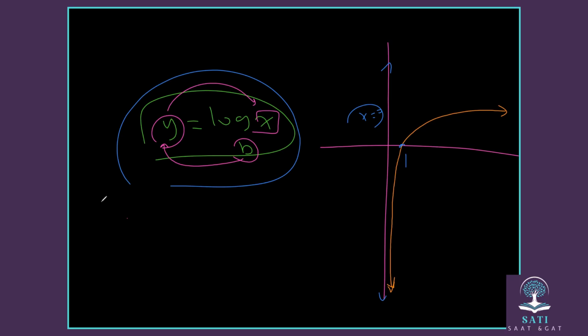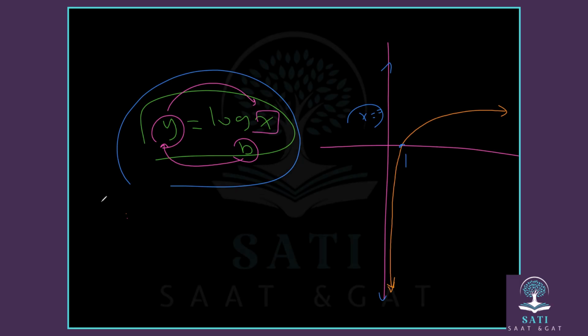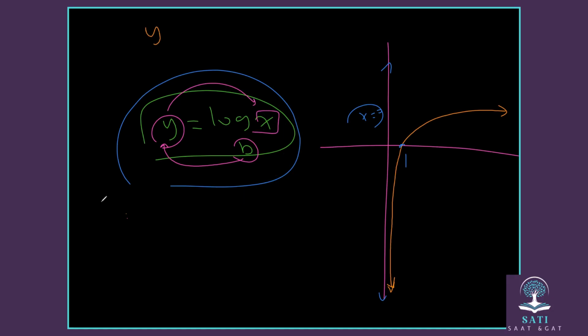If you remember when we studied exponential functions, its domain was all real numbers, and its range was y greater than 0. And by the way, the logarithmic function is exactly the inverse function of the exponential function. So if the exponential function was y equals b power x, right?